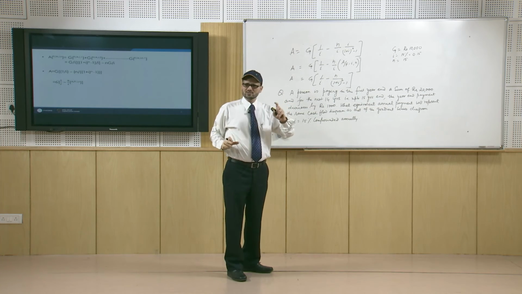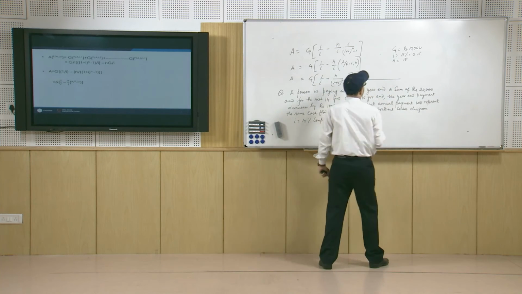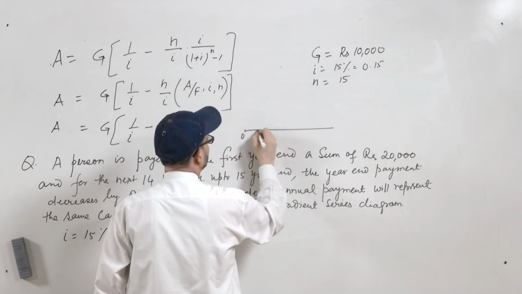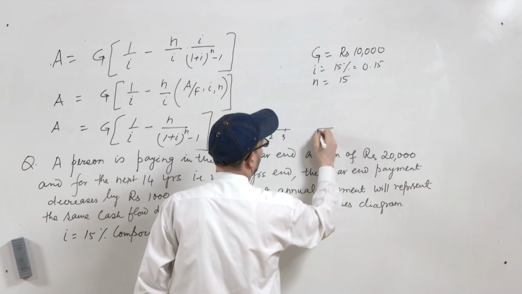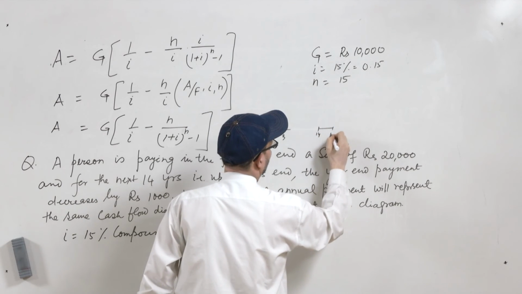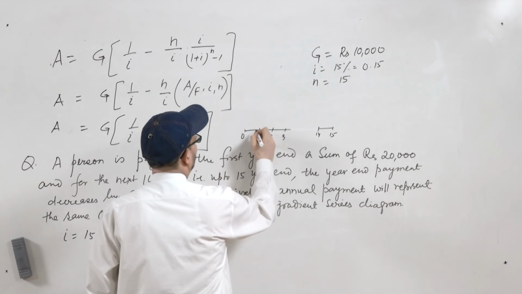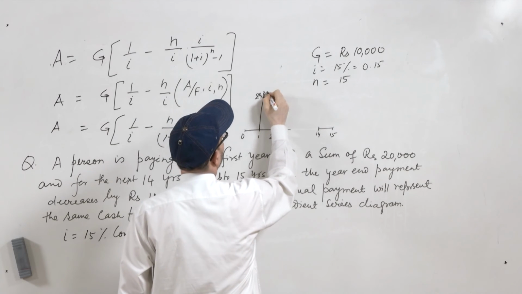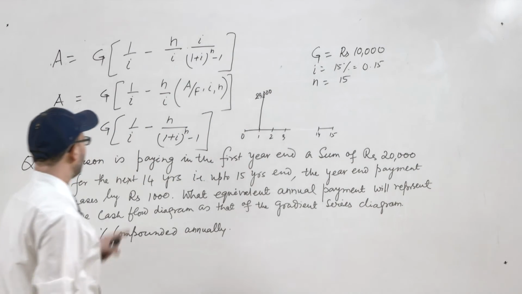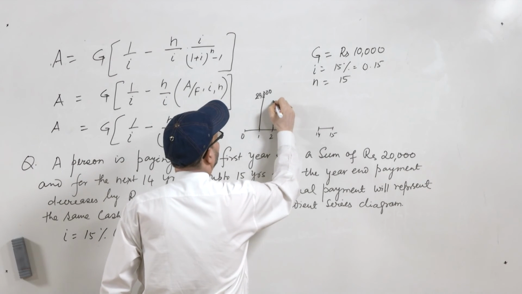So, your job is to find, basically, the cash flow diagram where in the first year he is paying 20,000, second year he pays 1000 rupees less, so he will be paying 19,000.